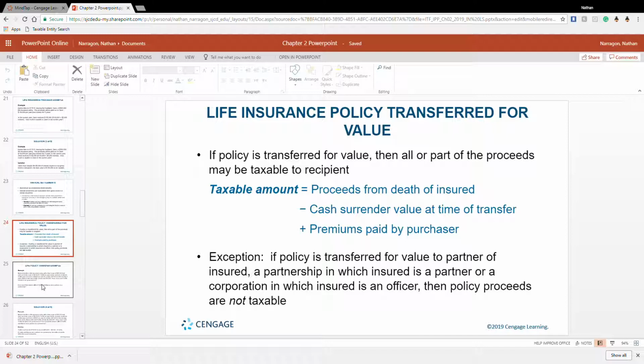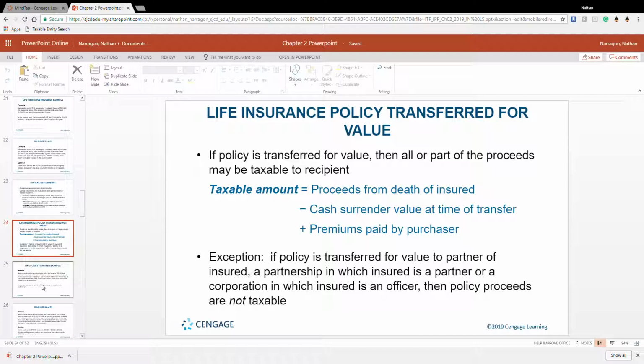If you sell the policy, whatever cash surrender value, you don't have to worry about because that's you buying that life insurance. But any premiums paid, you will actually have added to the taxable amount. So sometimes these are good deals, sometimes these are bad.